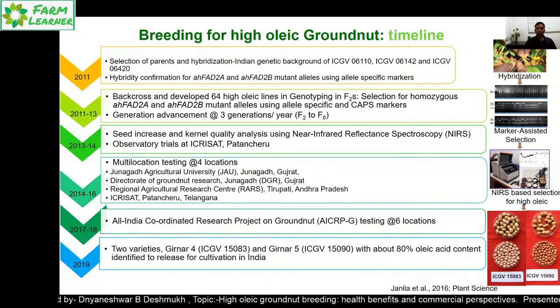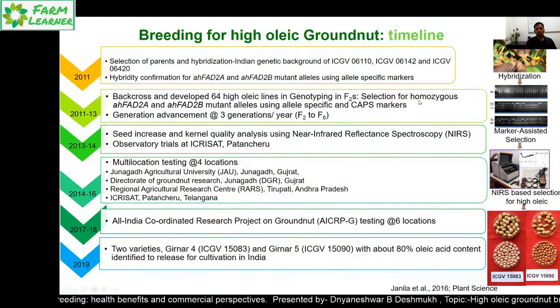Then molecular markers, as a very efficient tool of selection, were used for the hybridity confirmation. As we know, the use of molecular markers in breeding is very beneficial for indirect selection of the trait of interest. That's how 64 lines were developed in the background of 6110, 6142, and 06420.